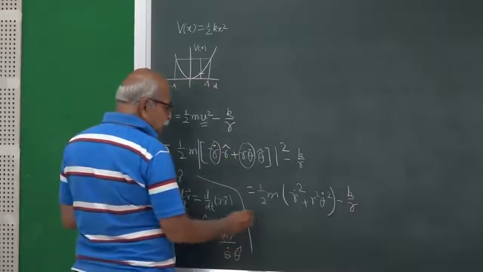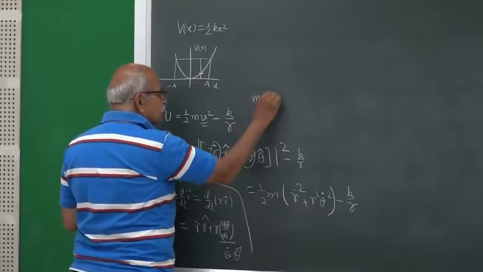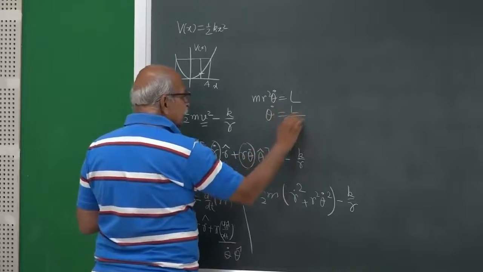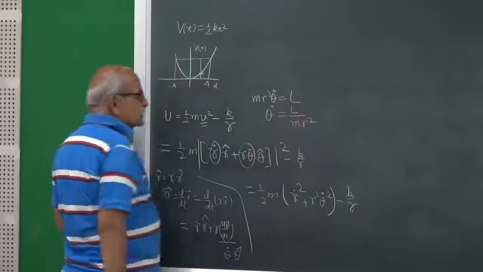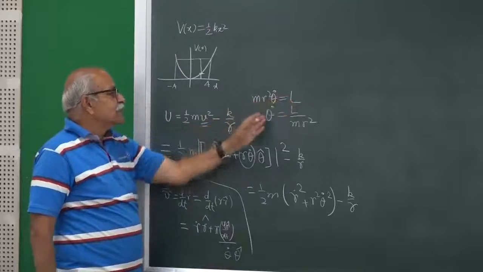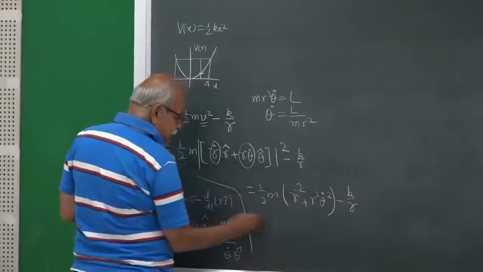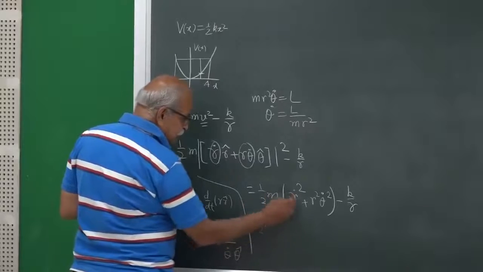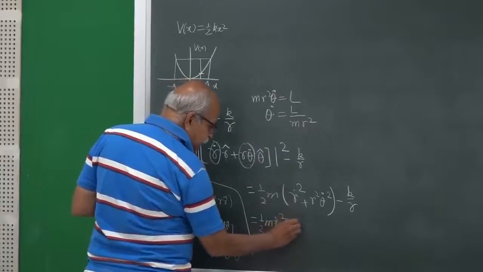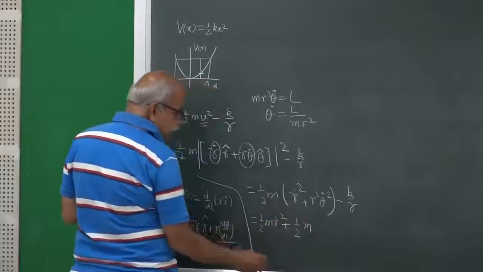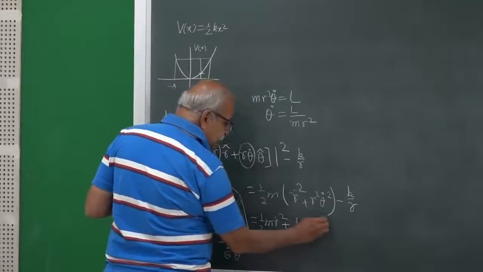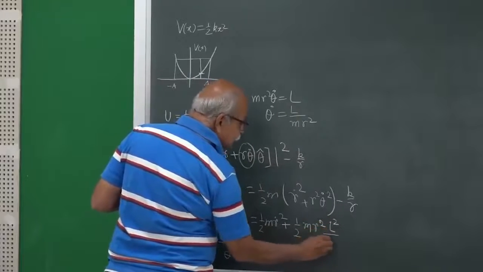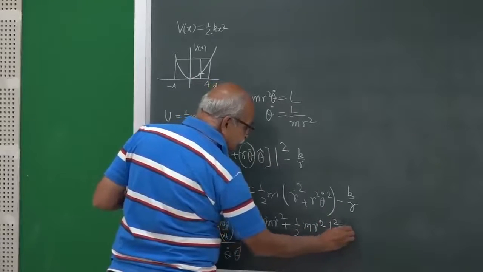And you also know that m r square theta dot is L. So, theta dot is L by m r square. Okay, theta dot is L divided by m r square. Put it here. So, you have half m r dot square, that is the first term, and then you have half m, r square here, and then theta dot square, so L square here and m square and r to the 4 here, and minus k by r.